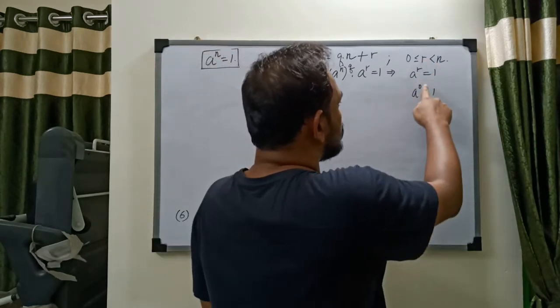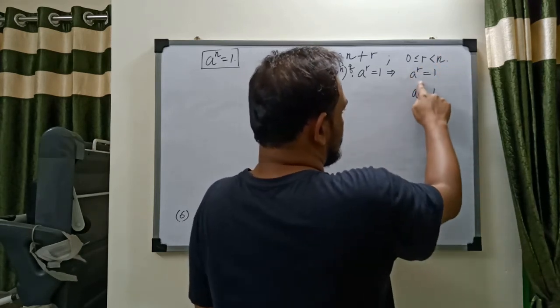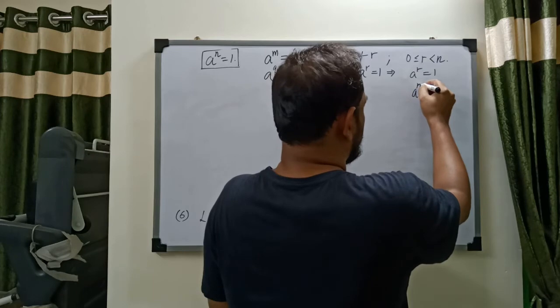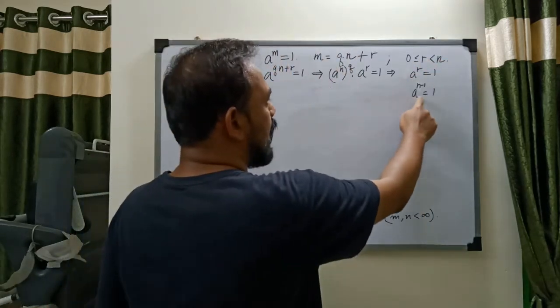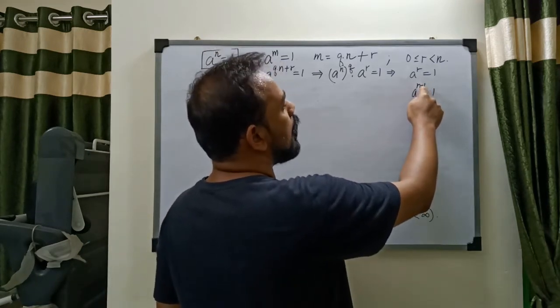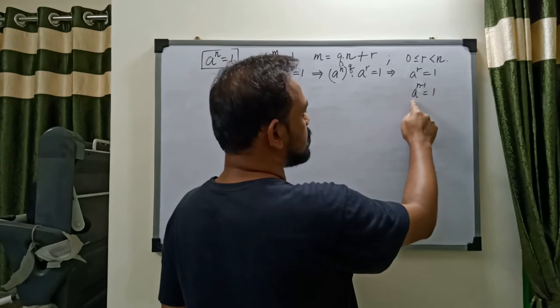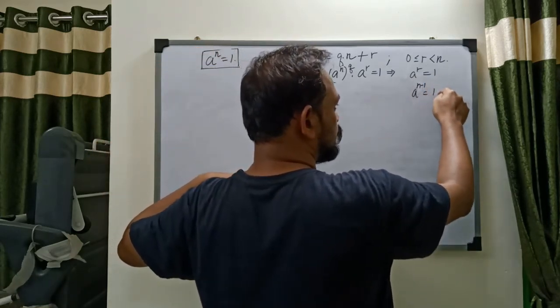But if r is not 0 but anything else, for example, if r is n minus 1, which is less than n, then that would mean that we have a positive integer, less than n, such that a raised to this positive integer is 1.